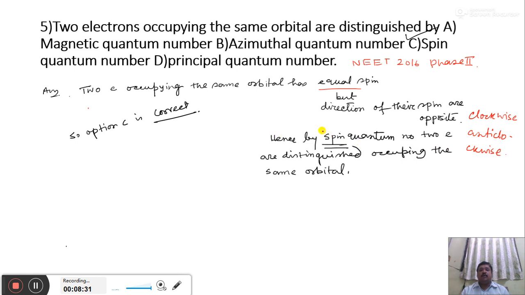So by spin quantum number, the two electrons occupying the same orbital are distinguished. So option C is correct. This question came in the NEET 2016 phase 2 exam.